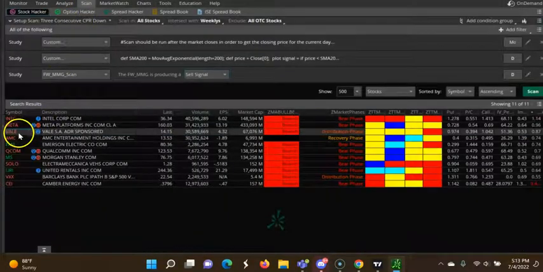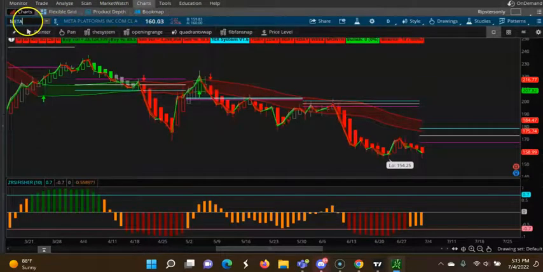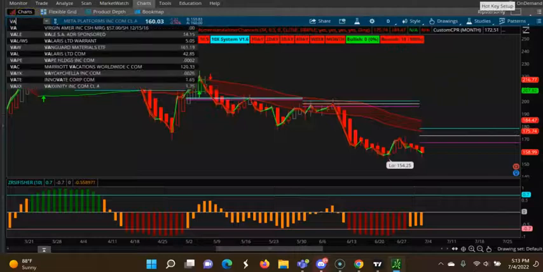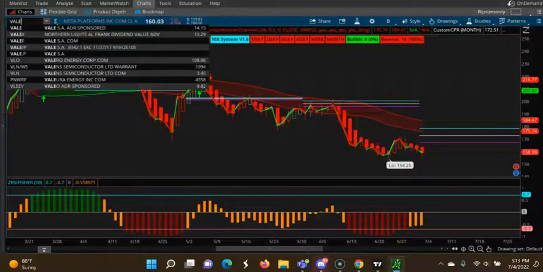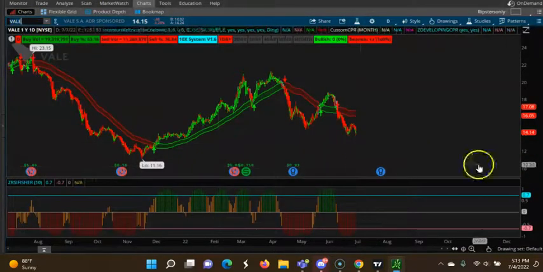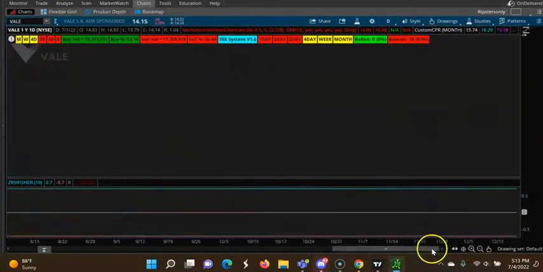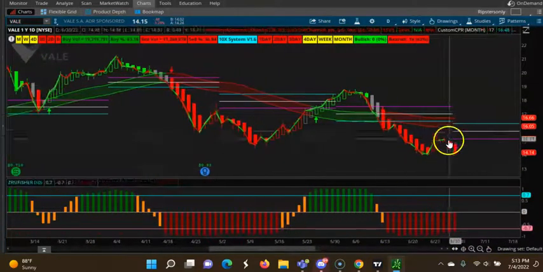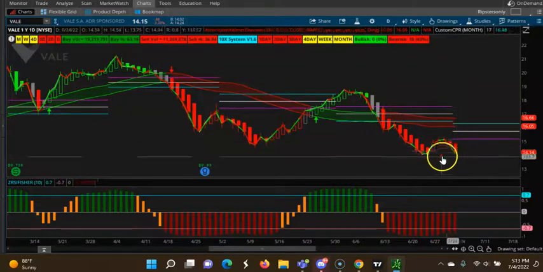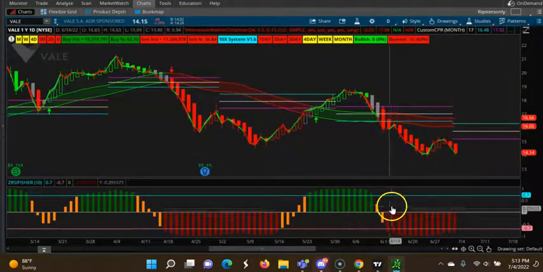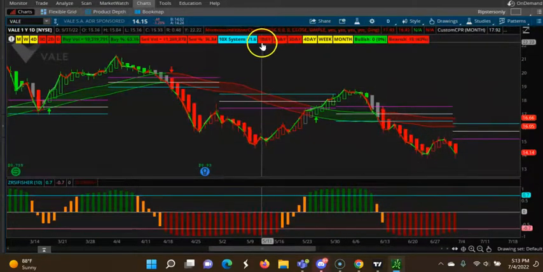Next, the scan shows Whale. Okay, so here also you have a clear downtrending candle. RSI is also downtrending.